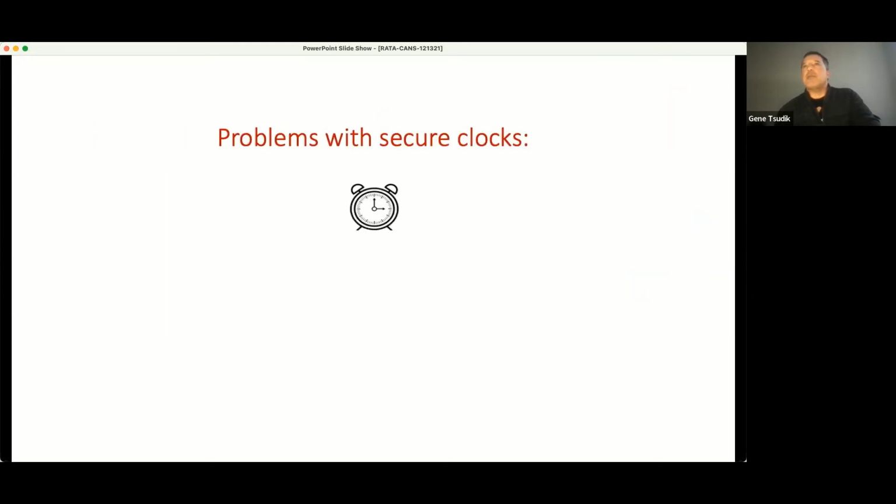Now, in the interest of time, I'm going to speed up a little bit because there's still a bit left to cover. As I said earlier, RATA A is basically a strawman design. It isn't realistic because most IoT devices don't have secure clocks, least of all low-end tiny IoT devices. A secure clock is essentially a tiny piece of secure hardware, and not only does it cost a non-trivial amount, but it also requires a battery backup and all sorts of sundry things that come with that.